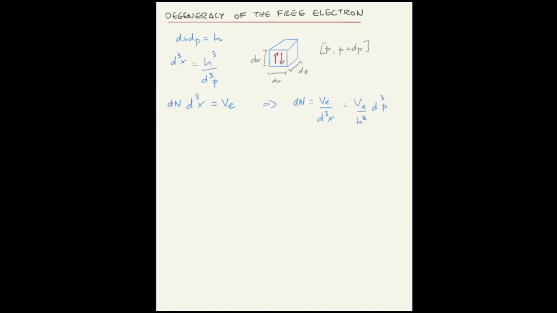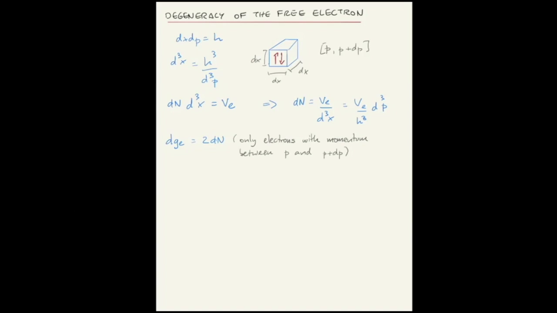That means that the number dGe, that's the degeneracy of the free electron, is equal to twice the number dn, because each one of these cells can occupy two electrons. Now, this number is infinitesimal because it captures only electrons with momentum between p and p plus dp.